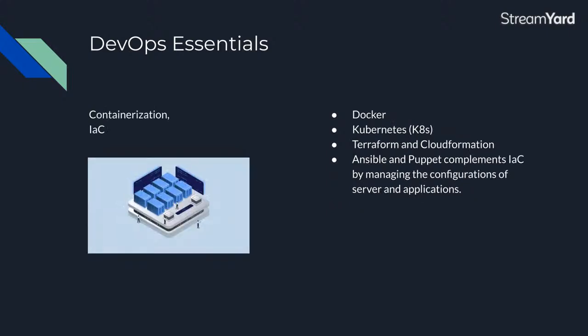Containerization and IaC. IaC is short for infrastructure as code. I think the king of all containerization tools that you learn is Docker. And what is Docker? Docker is a technology that allows you to package your applications and their dependencies into lightweight, portable containers.